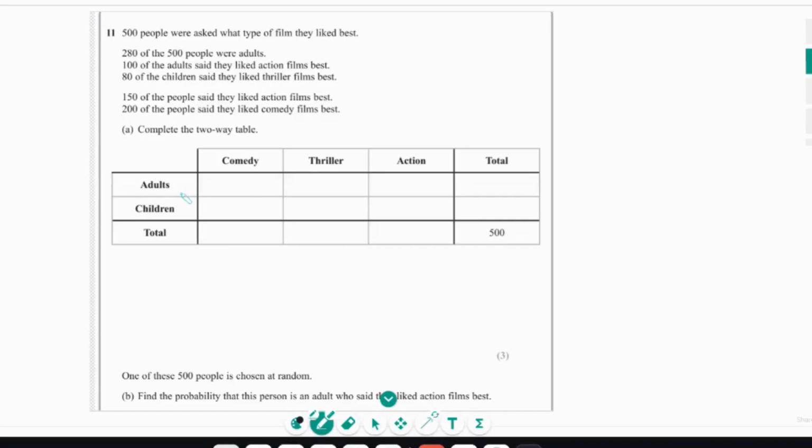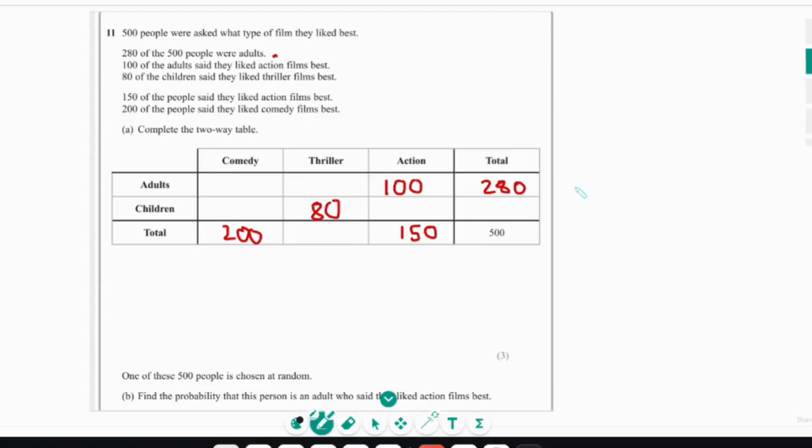So I'm just looking at this table at the same time. 80 of the children said they liked thriller films the best. 150 of the people said they liked action films the best, so that total there would have to be 150. 200 of the people said they like comedy films the best. That would be 200. I haven't got this first sentence in yet. 280 of the people were adults.